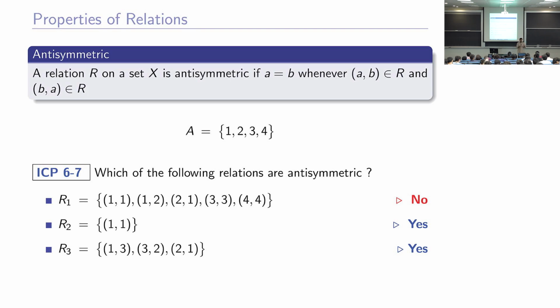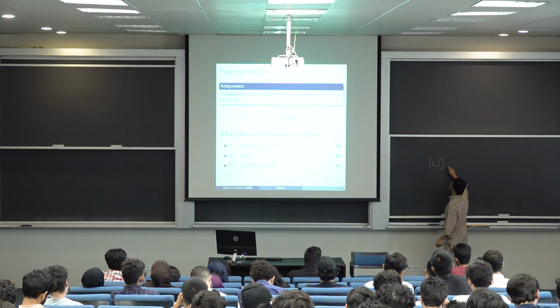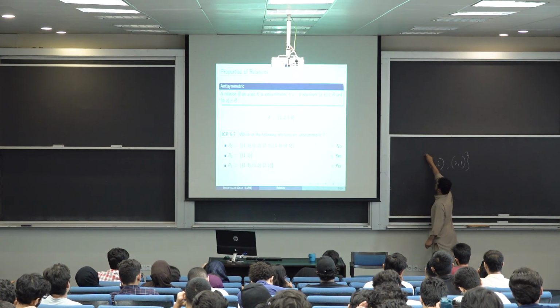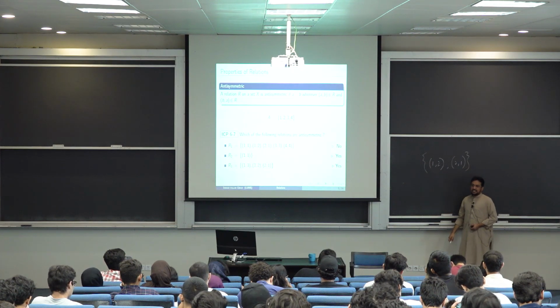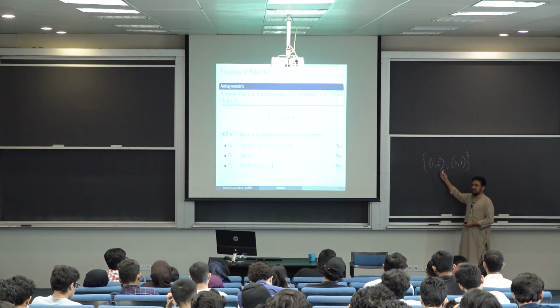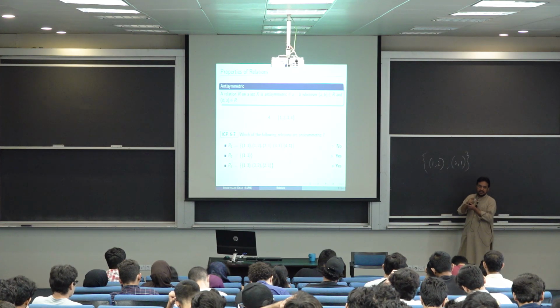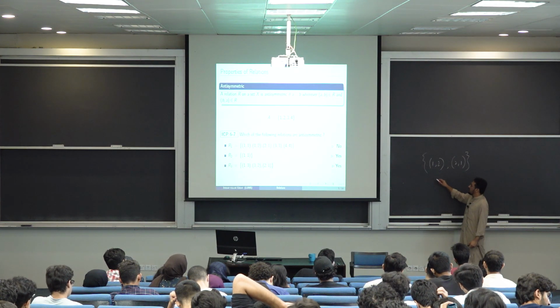If AB is there and BA is there, somebody can say this thing. Suppose this is my relation, right? I will say this is not antisymmetric because 1, 2 is there and also 2, 1 is there. They are there in the other order, right? But somebody can say, well, look at this.